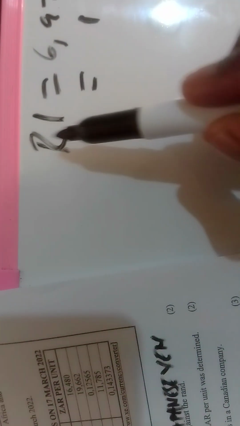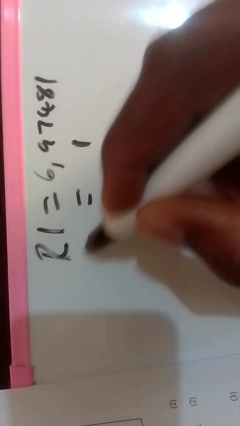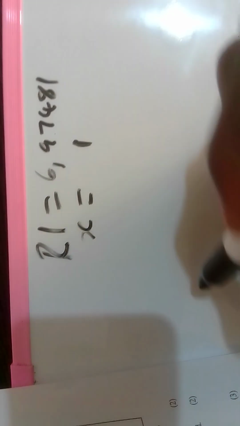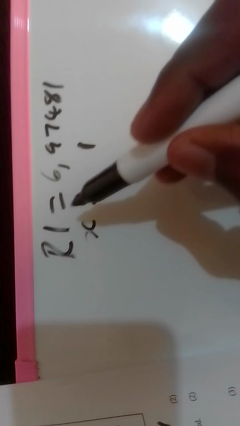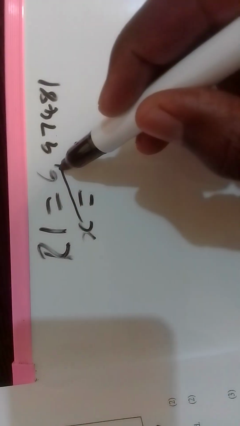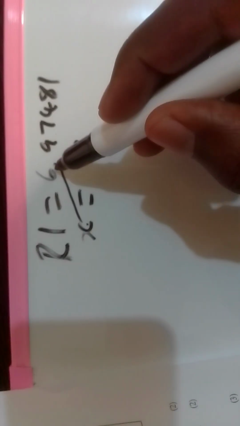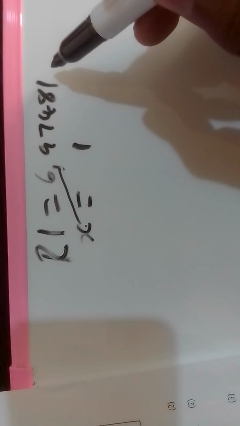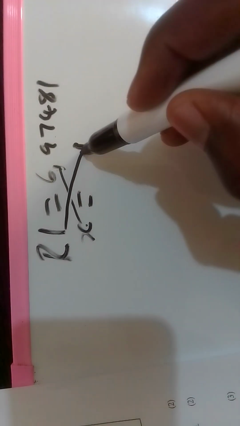We are not going to use it here. We're going to say 1 Russian ruble can buy how many rands? So this left side is for rands, this right side is for the Russian rubles. Because we do not know, we put the letter X. Then when we are done, we do what we call cross multiplication.